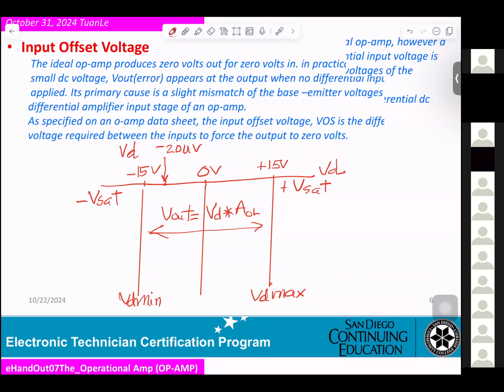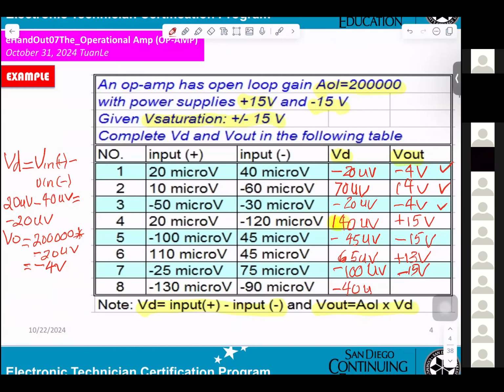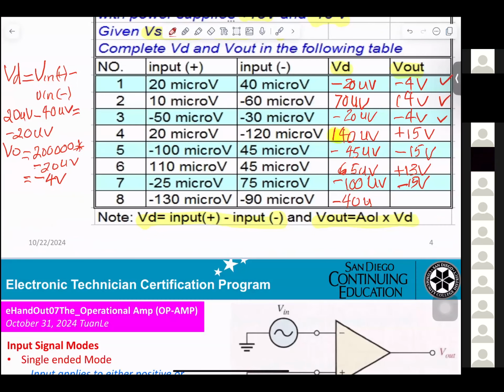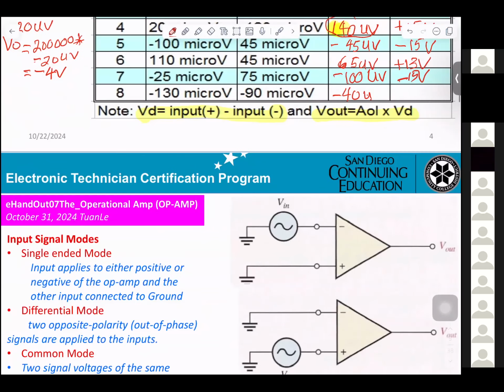So if you look in here, the first thing you see, VD equal 140 microvolt, that is the maximum.